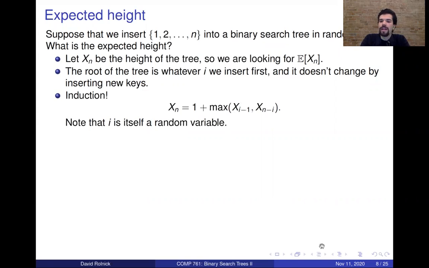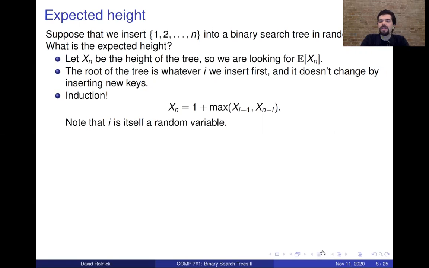And the numbers in the right subtree are going to be the numbers i plus 1 through n. That means that the left subtree has i minus 1 nodes, and the right subtree has n minus i nodes.